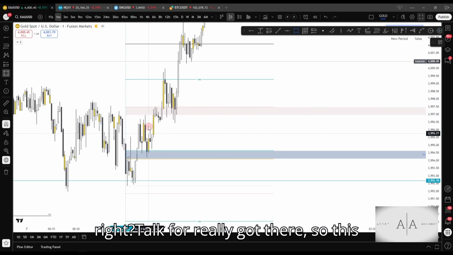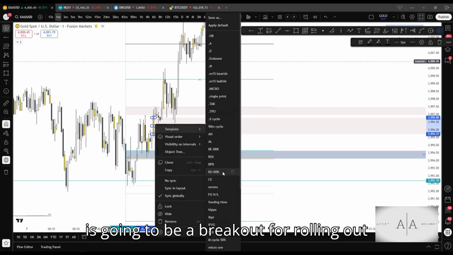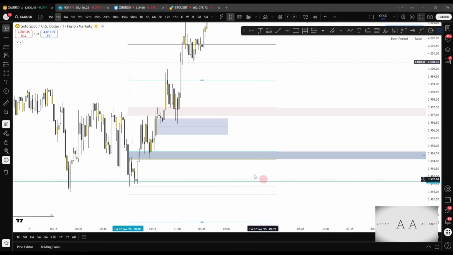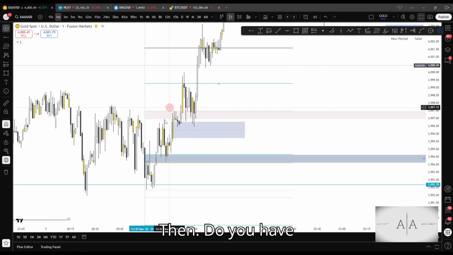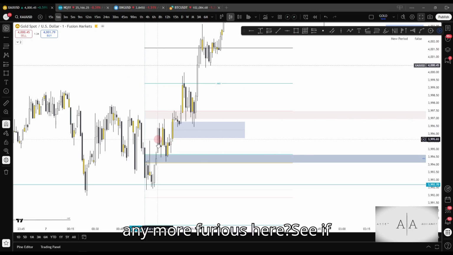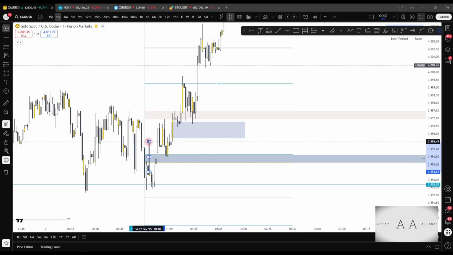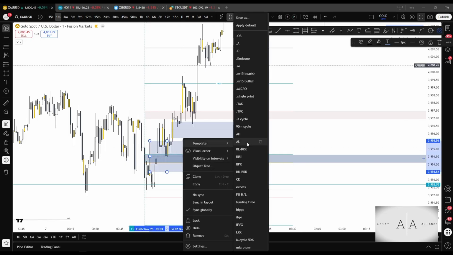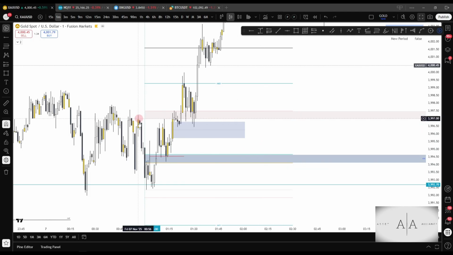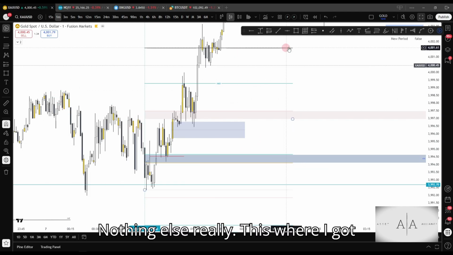Attack for value gap there, so this is going to be your breakout for value gap of the range. Then, do we have any more P-rays here? CE of this wick. Nothing else really. This for value gap too.